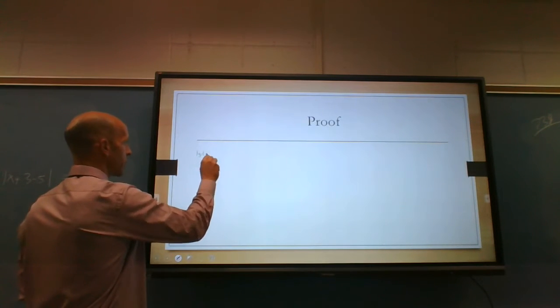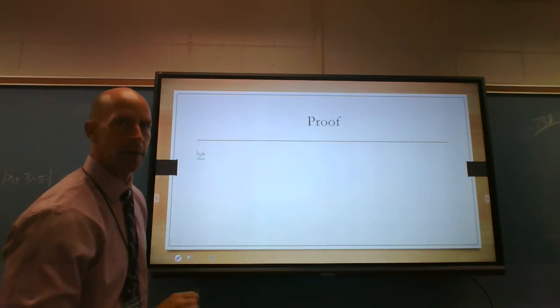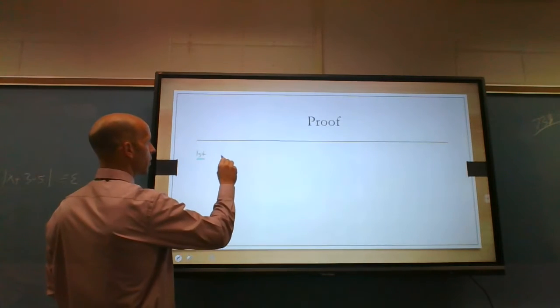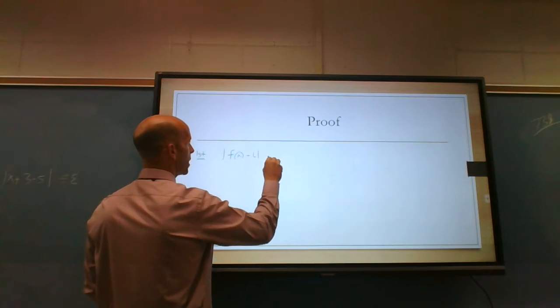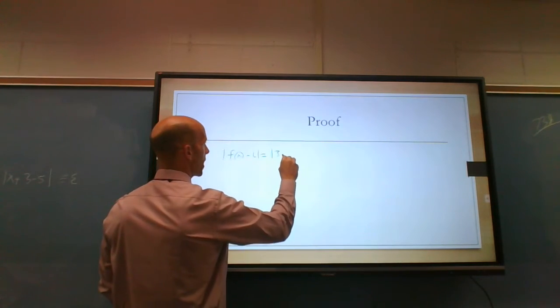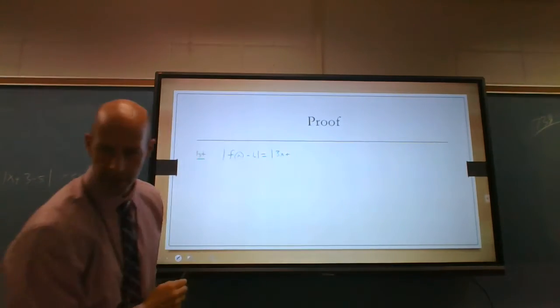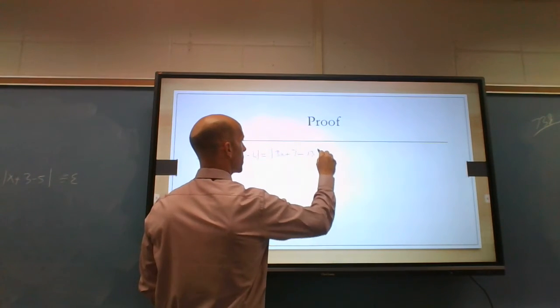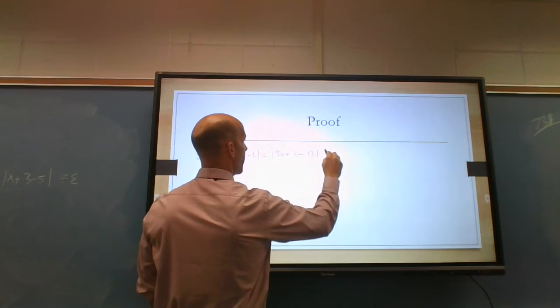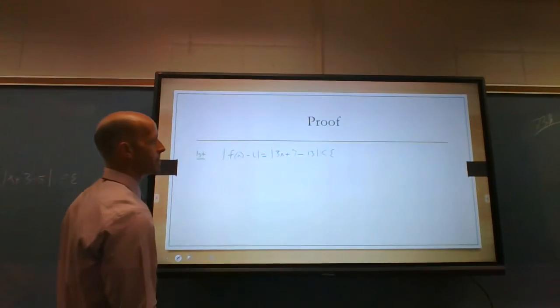First things first, we're going to start by figuring out what our delta is going to be. That's crucial. So we start with our absolute value of f(x) minus L, which in this case is 3x plus 7 minus 13, and then that has to be less than epsilon, right?